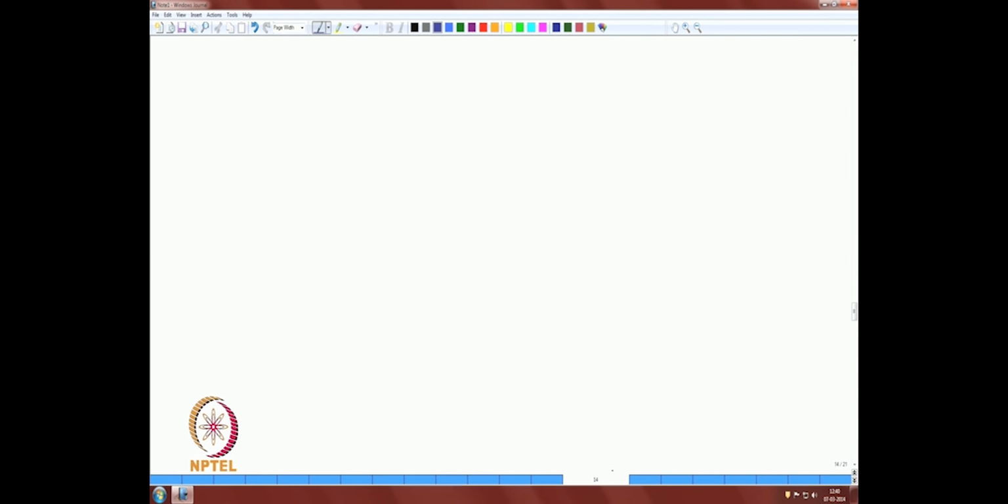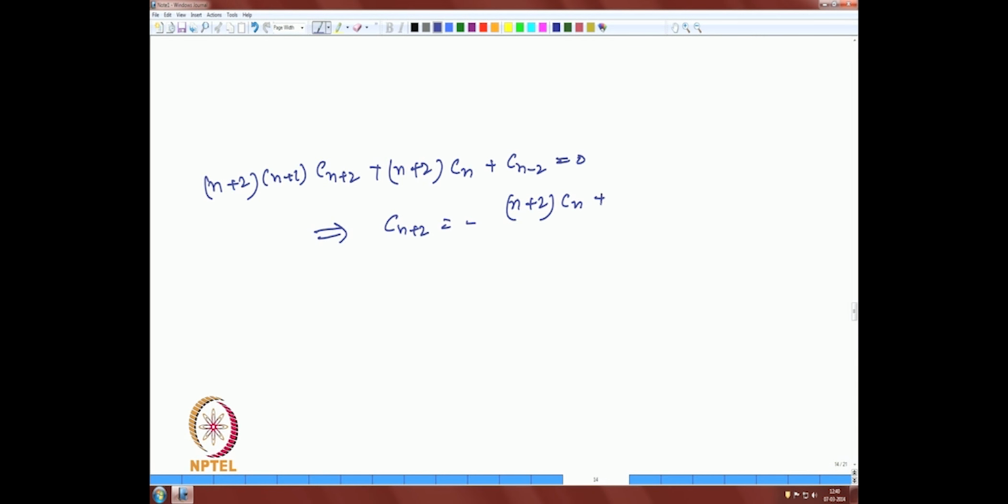And also from the summation term we get (n+2)(n+1) c_{n+2} plus (n+2) c_n plus c_{n-2} is equal to 0. If we solve it, c_{n+2} is obtained as minus [(n+2) c_n plus c_{n-2}] divided by (n+1)(n+2), for n greater than or equal to 2.